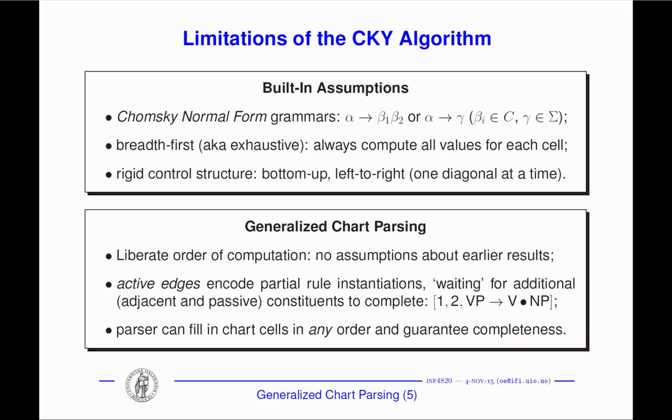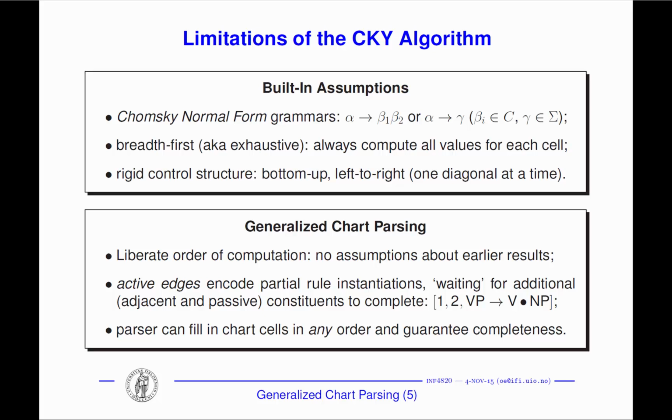What we need to introduce is a notion of partially instantiated rules. And this notion is what we'll call active edges, that essentially have found part of the right-hand side requirements of a production rule and are still looking for others. And this dot is the notation that we introduce for that.